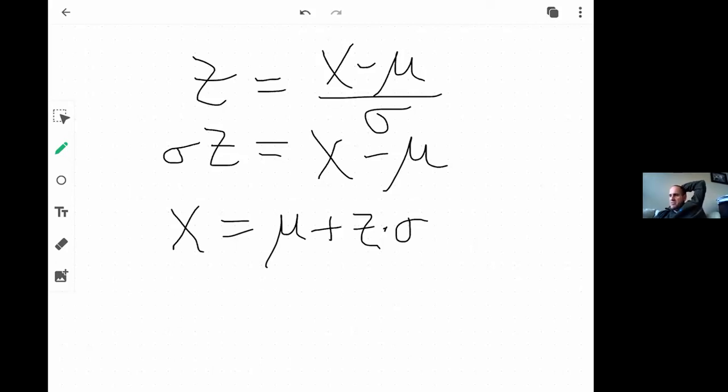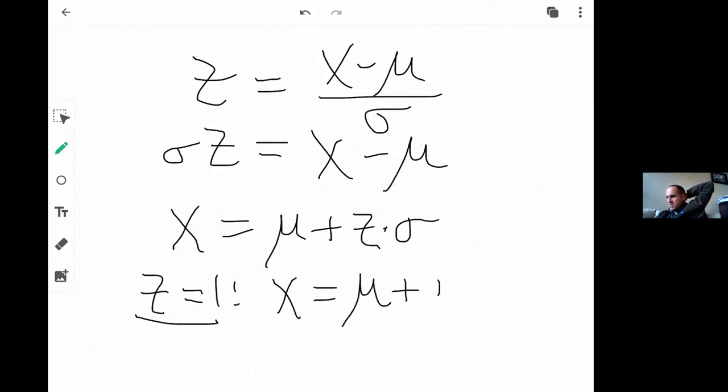So what does that mean? Well, if z is 1, that means that x is equal to mu plus sigma. So what does that mean? If x is equal to mu plus sigma, that means that x is 1 standard deviation above the mean, okay?